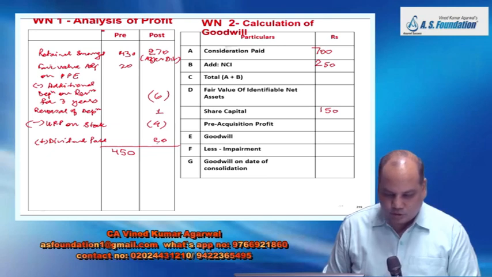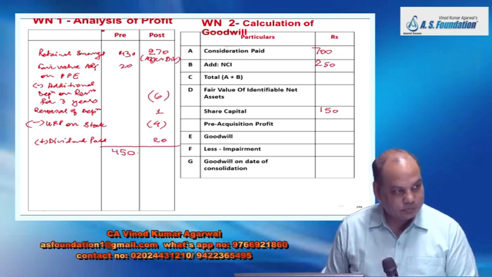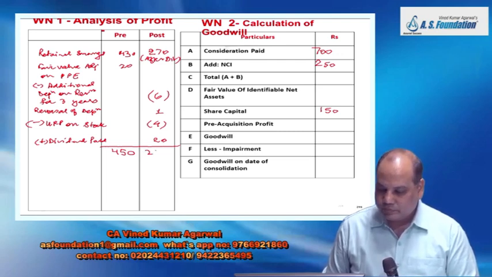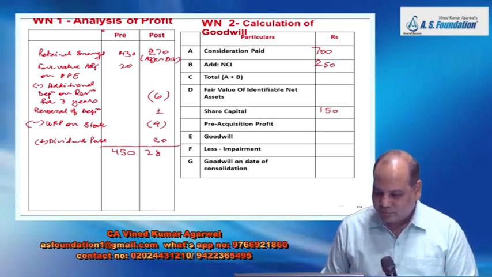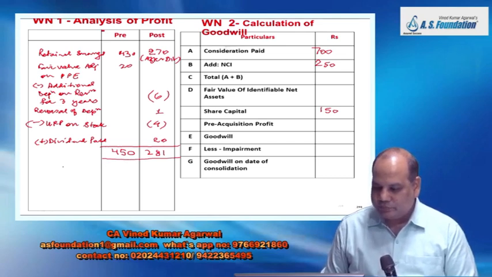And what is the post column total? 281. 24. Okay, no problem. Then who are the parent company?